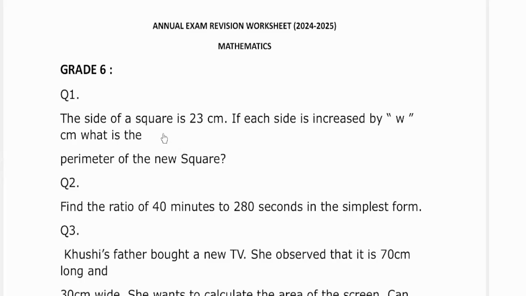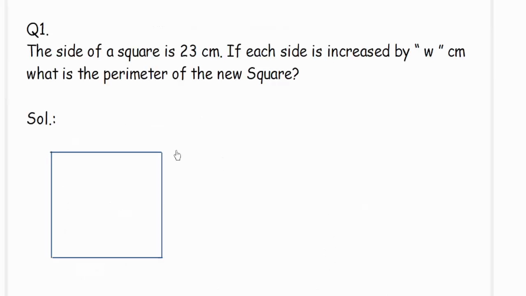So it's just a square. We have to find the perimeter of the square with each side 23 centimeter. Then the second condition, if each side is increased by W centimeter, what is the perimeter? We will see. So this is a sample square.